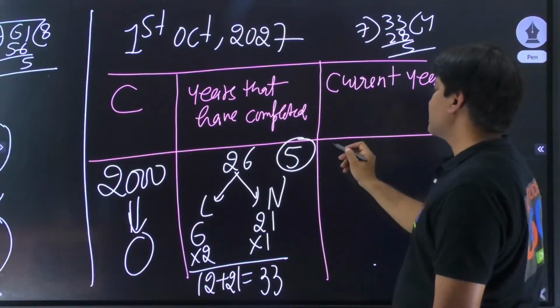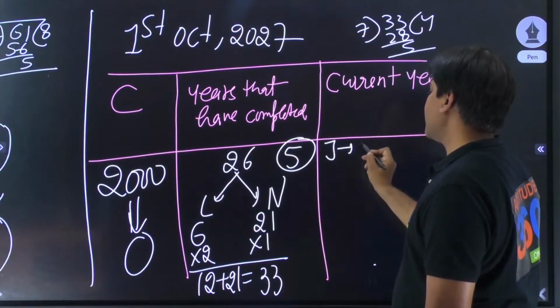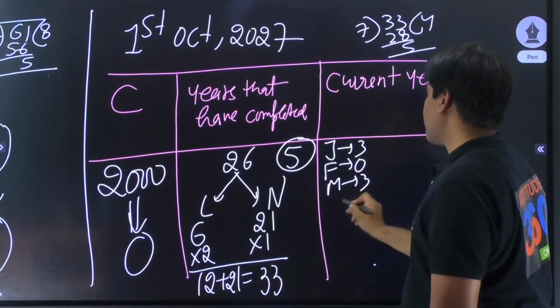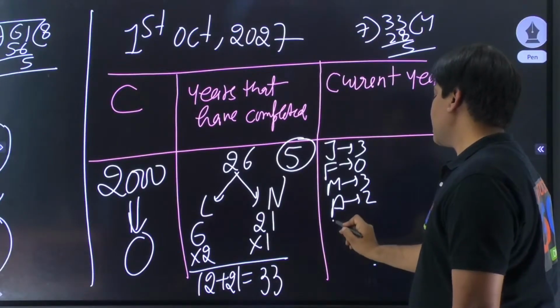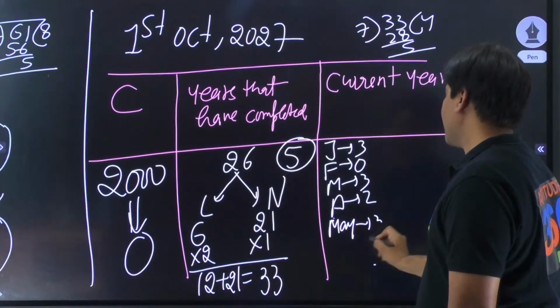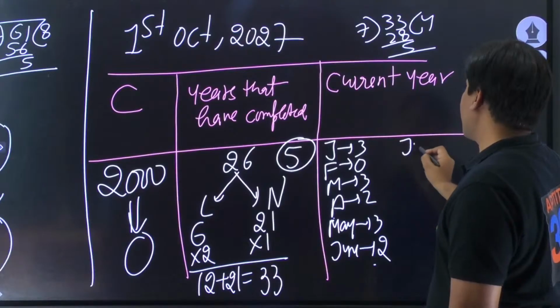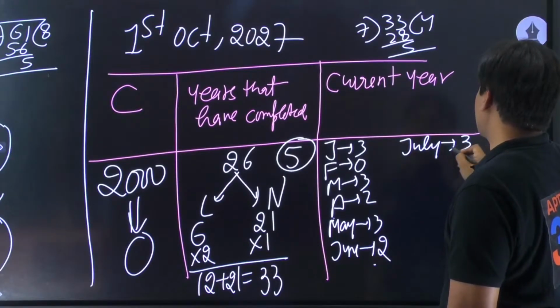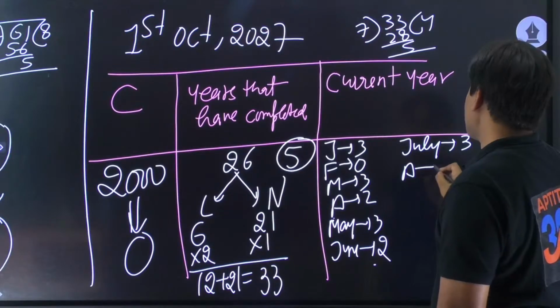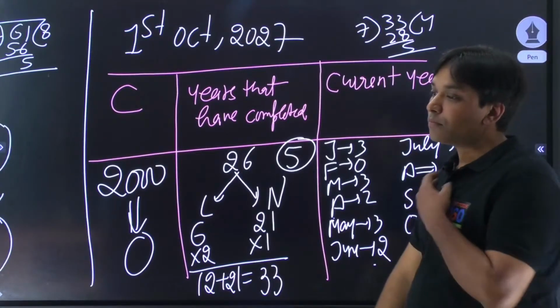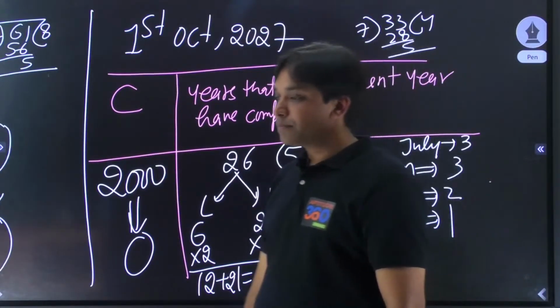And the current year, Jan 3, Feb 0, March 3, April, May, and then June, and then July, August, September and October का 1 ले लो. मुस्कान मैडम कहाँ रहे? संडे.